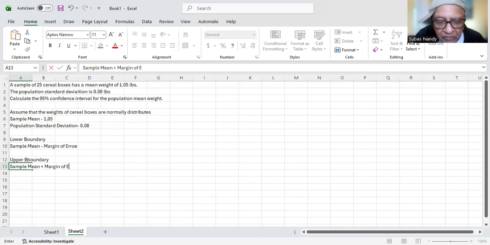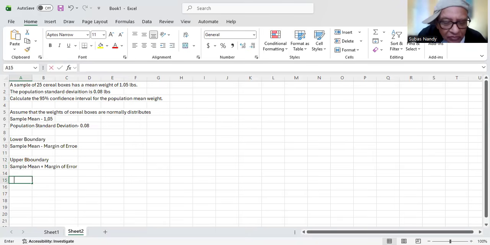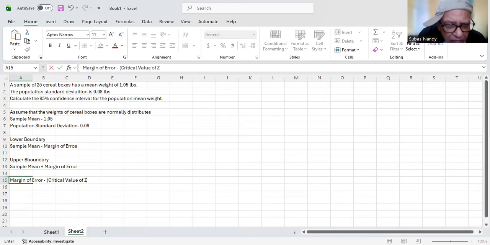Margin of error is the maximum difference between sample mean and the population mean. Now, there is a formula for margin of error in statistics books, and that is equal to the critical value of z multiplied by standard error.